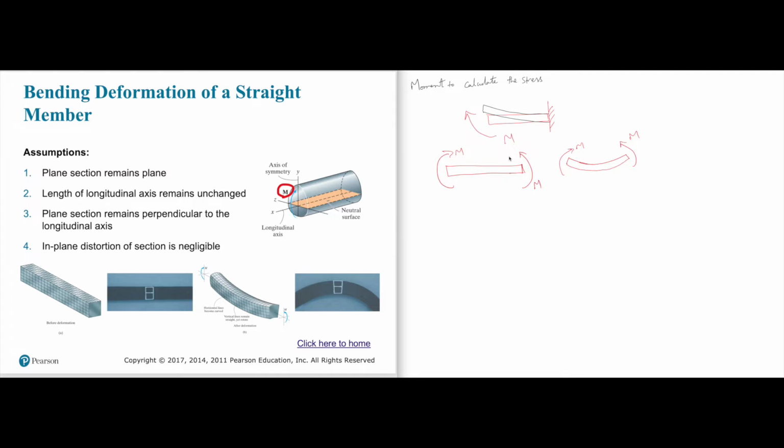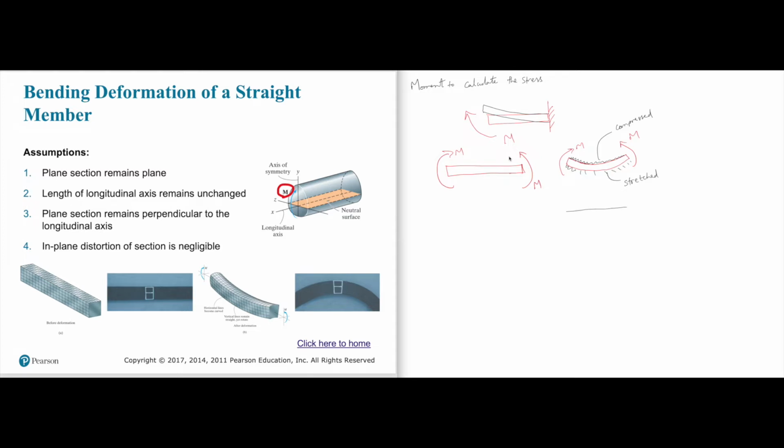So if you observe carefully, what is happening to the top surface? And what is happening to the bottom surface? The bottom surface is being stretched. The top surface is being compressed. Do you agree to that?